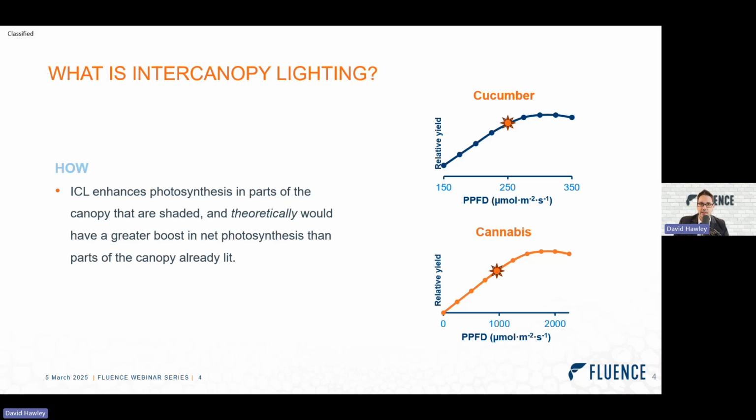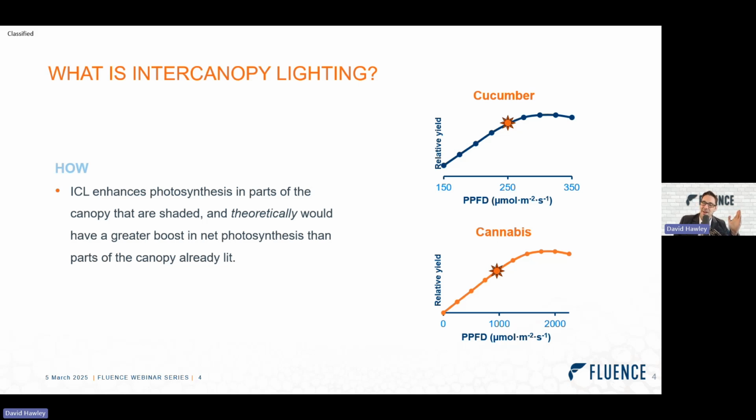Suffice to say, we know that cannabis can tolerate light intensities up to about 2,100 micromoles per meter squared per second, and you're still seeing a linear return on yield. Mind you, cultivation gets a little tricky at those higher light intensities, but you can do it. In fact, we've seen cultivars go up to 2,500 micromoles. At that point, we stopped doing the research at intensities beyond that because managing the HVAC got, well, hard. I'll put it that way.